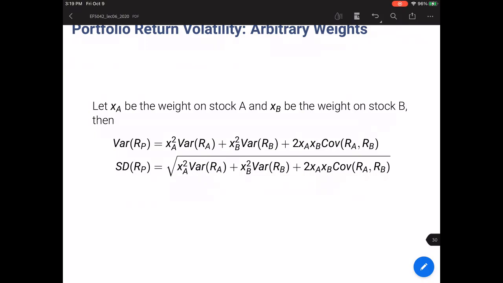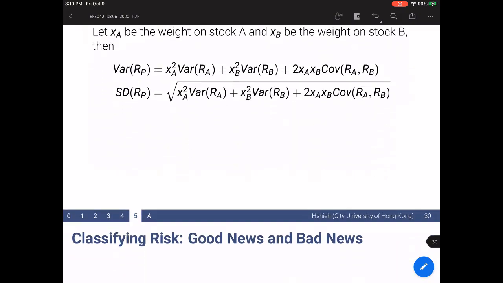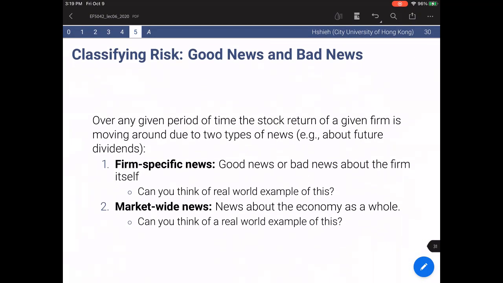Okay, so let's look at a formal definition of diversifiable risk and undiversifiable risk using some math. But first, let me just premise the math with some definitions, okay, some intuition, qualitative understanding.